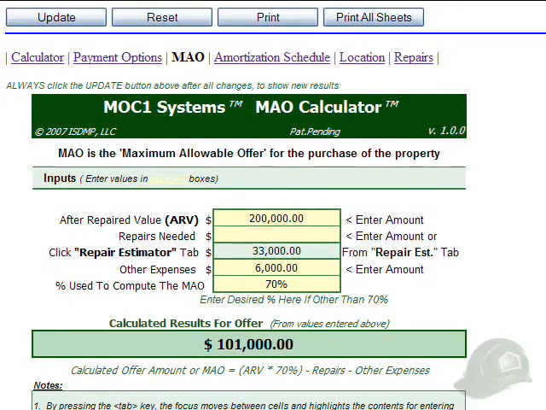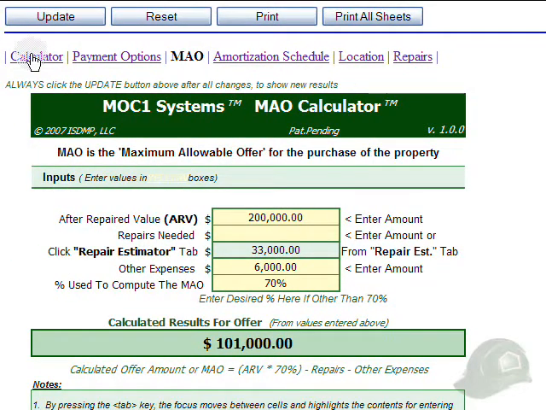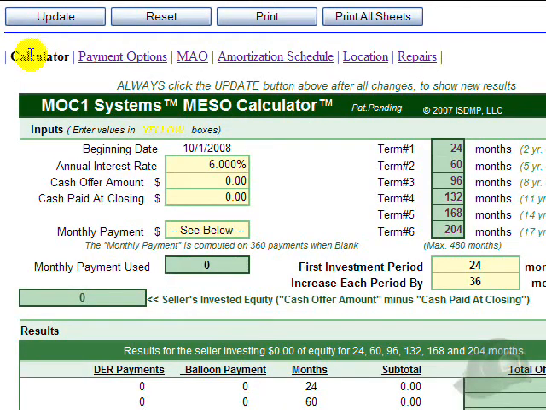We'll go over here to the calculator, and we're feeling generous today, so we'll offer $100,000 cash for the cash that we'll give the seller at closing. For instance, we can give them 10% at closing, which is $10,000.